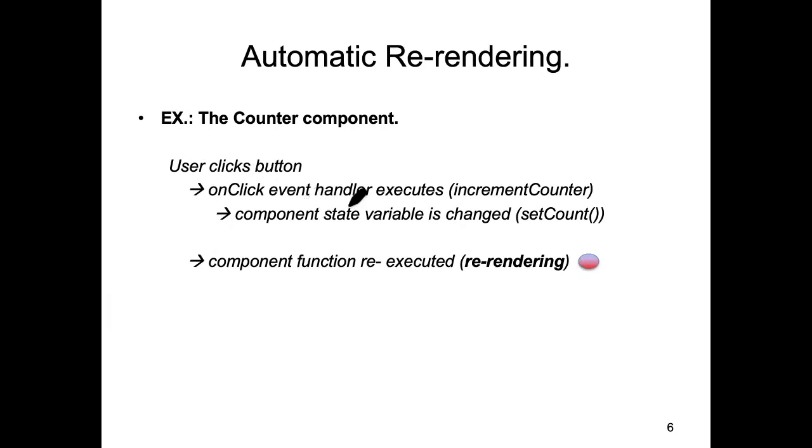Because it changes the state variable, that causes the component function to re-execute or re-render. That's the flow that opens up a lot of avenues to us. In particular, it opens up the whole nature of dynamics in our web pages.